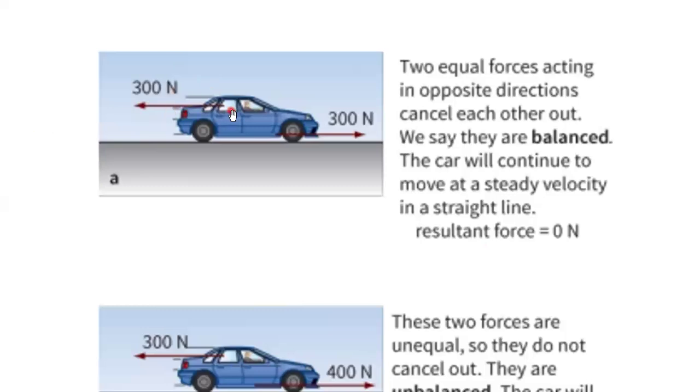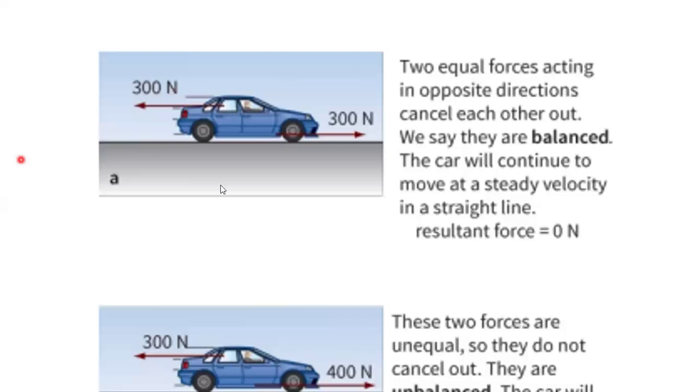So just assume this is a book. The book is pulled by 300 newtons, and again from the opposite side it is pulled by 300 newtons. However, in this case it might not be moving, or it might be moving in a steady velocity.